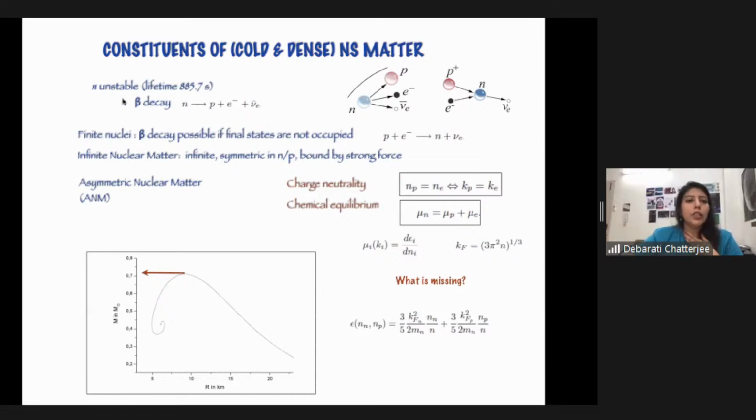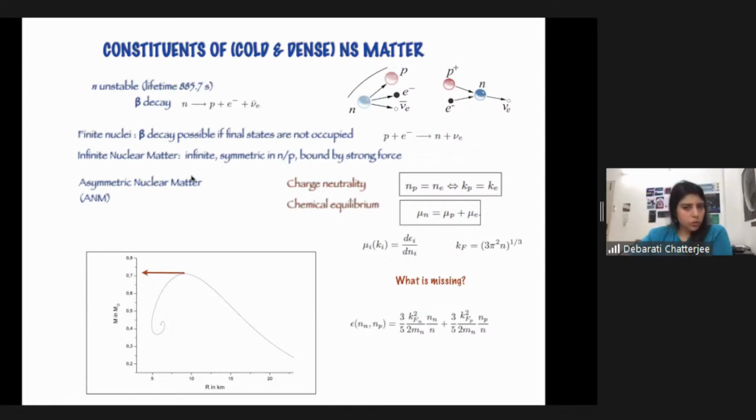Now, what happens in infinite nuclear matter, which is the kind of matter we consider in neutron stars? Here you can have these energy levels. So neutrons, when they decay into protons, there have to be certain levels available. So actually, chemical equilibrium is established when both of these processes can be taken into account.